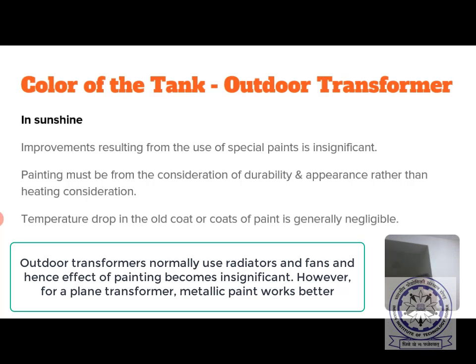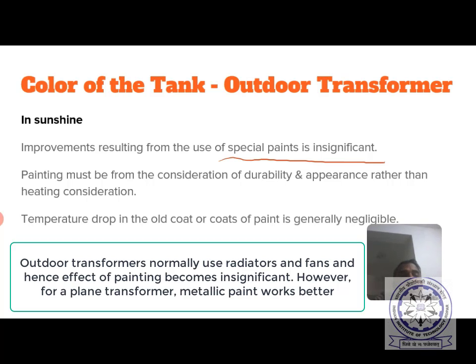In sunshine, improvements resulting from the use of special paints are insignificant. Sunshine is so much that the improvements obtained with special paints, meaning non-metallic paints, are insignificant, because their reflection of the heat is important. Therefore, metallic paint will work better in sunshine.